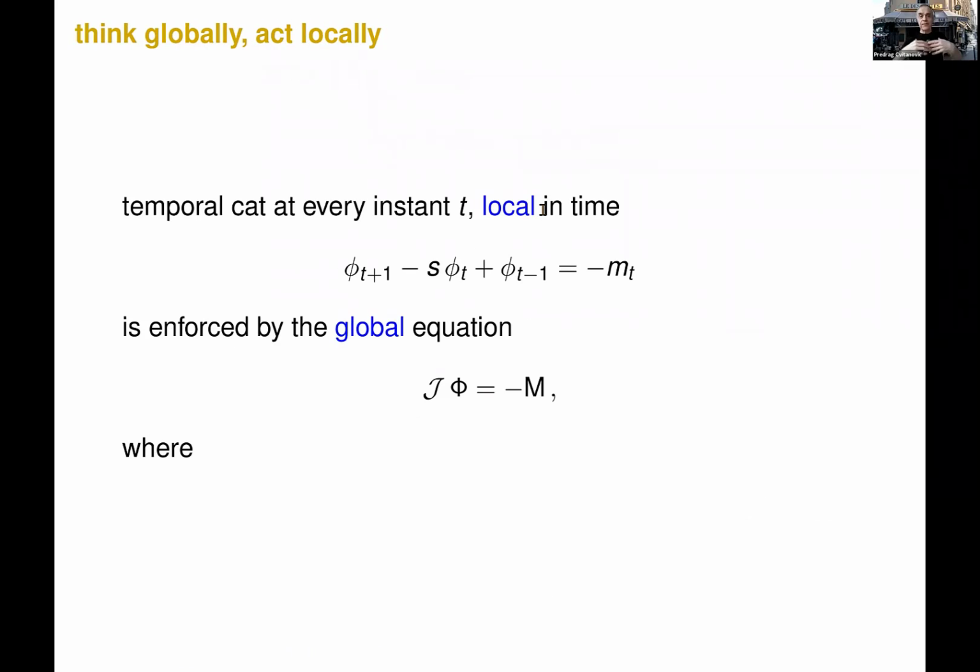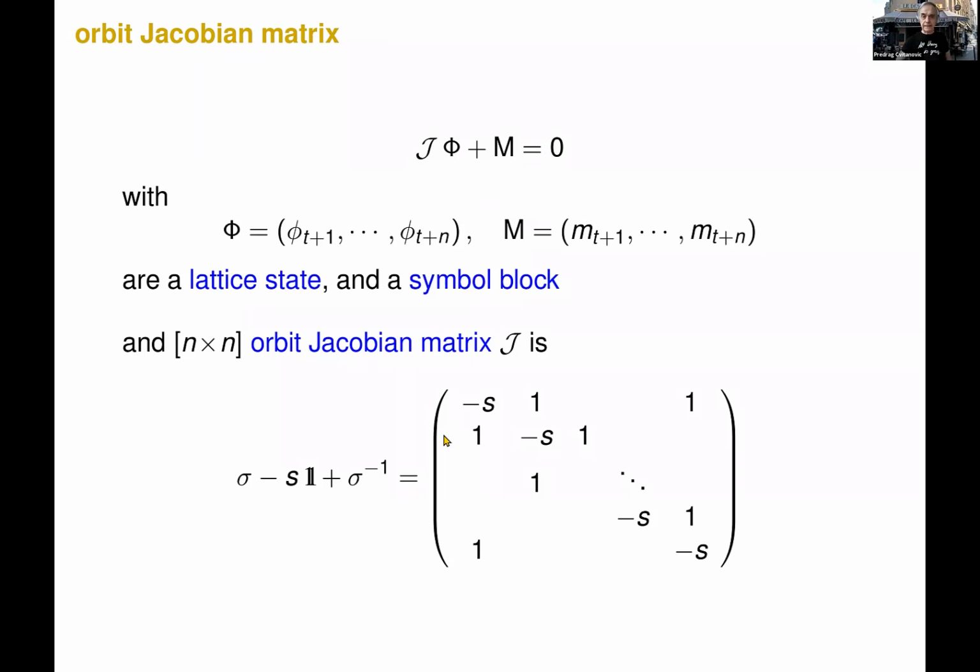You again have to think globally as a field theorist, but you have to make sure that locally the law is respected. So the local law is, for every 3 points on this lattice, I have to satisfy my marching order. But the global equation is the same, it's just that this matrix J is a little different, and I'll have to find its fixed points.